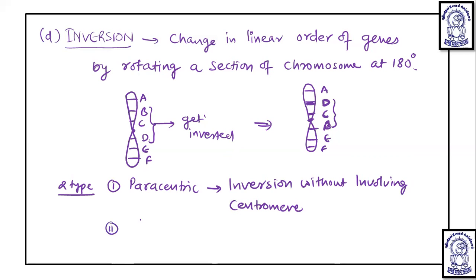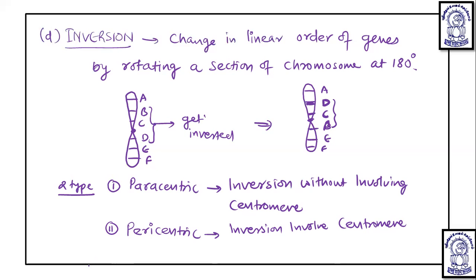And second is pericentric. Pericentric means inversion involves the centromere. If the centromere is involved, then it is pericentric. Not involved, then it is paracentric. So such is known as inversion.